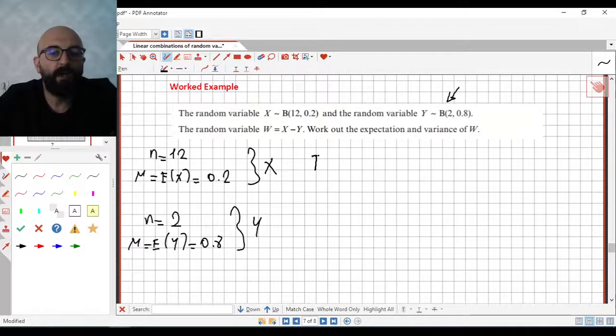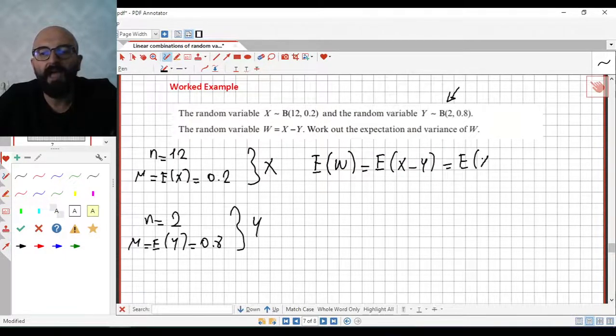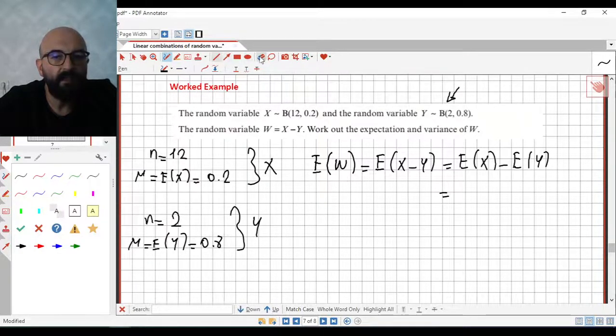So if we want the expected value of w, it means the expected value of x minus y, which means the expected value of x minus the expected value of y. Excuse me, I made one mistake, because the second value, as you remember, is p.